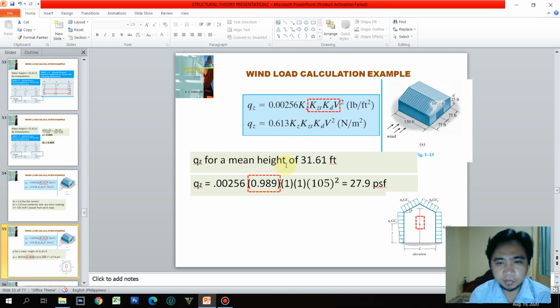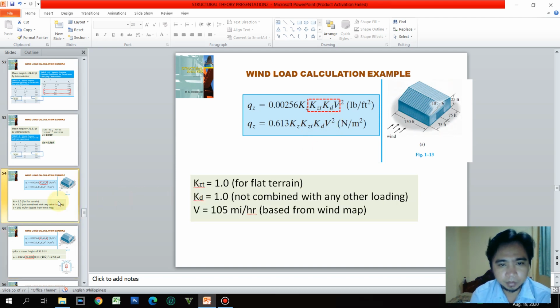QZ for a mean height of 31.61. We have this constant 0.00256. 0.989 is the KZ for 31.6 height, and then KZT is 1, KD is 1, and the velocity is 105.